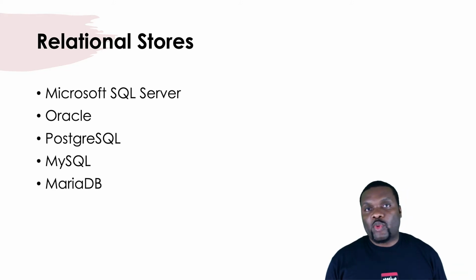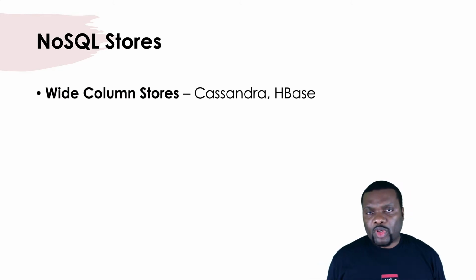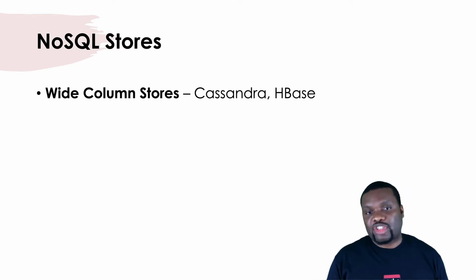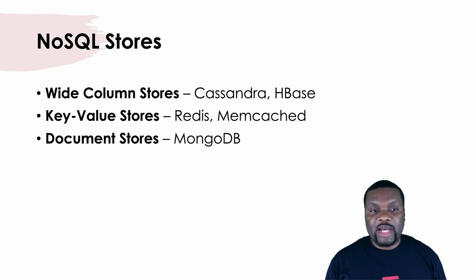Then we also have the other category, which is NoSQL, or not only SQL data stores, where you have wide column stores. So wide column stores are the first category I would cover, and some examples are Cassandra and HBase. We also have key value stores such as Redis and Memcache. We have document stores like MongoDB.